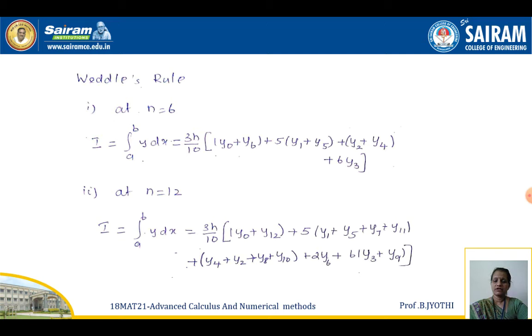This is the Weddle's formula we get for n equal to 12.